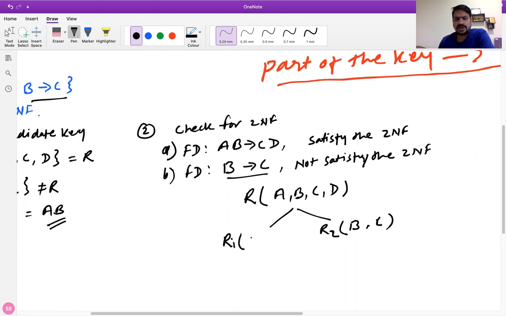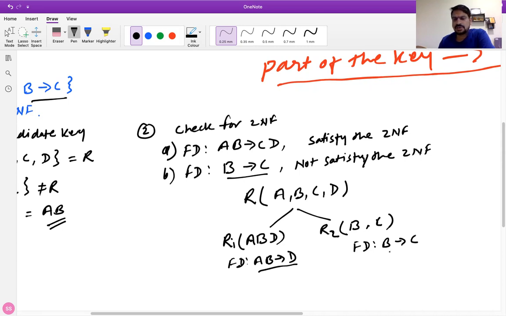And in R1, we should have A, B determine C. C is already there, so it will be D. So in one relation, we have A, B, and D. In another relation, we have B and C. So for this, the functional dependency would be AB determines D. And for this, the functional dependency would be B determines C.